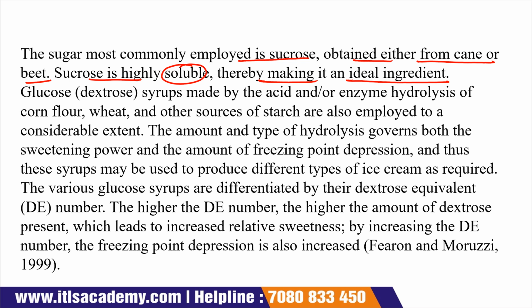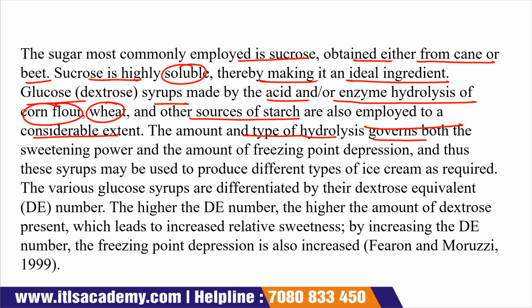Apart from sugar, you can also add glucose syrup, which is made by acid or enzyme hydrolysis of corn flour, wheat, and other sources of starch, and it can also be employed to a considerable extent. The amount and type of this hydrolysis govern both the sweetening power and the amount of freezing point depression.